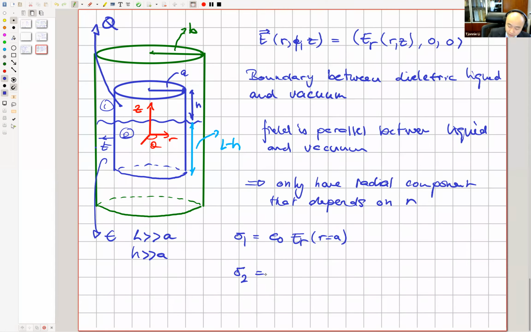Again, here we look at D above, D below. There is no field below because we're talking about a conductor. So here we are also looking at D above, into the liquid, which equals just sigma, because we're looking at the normal component. So here we just have epsilon E_r divided by a.